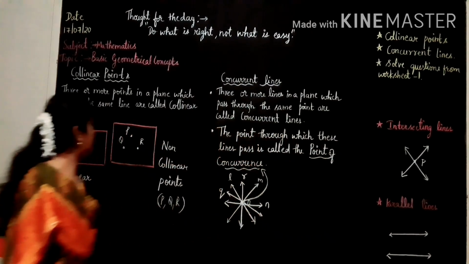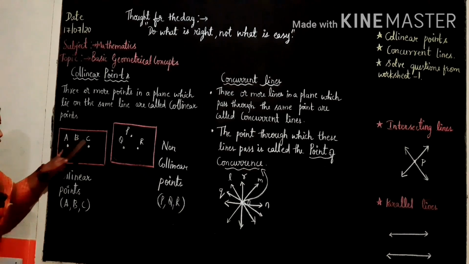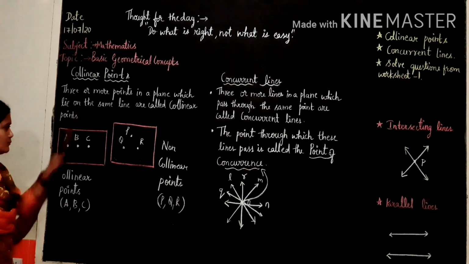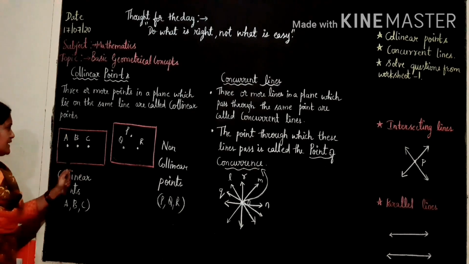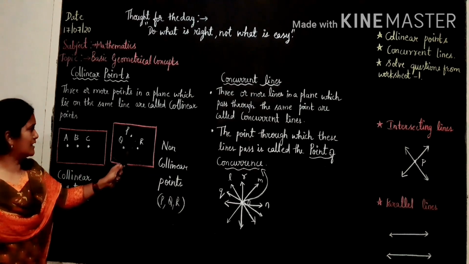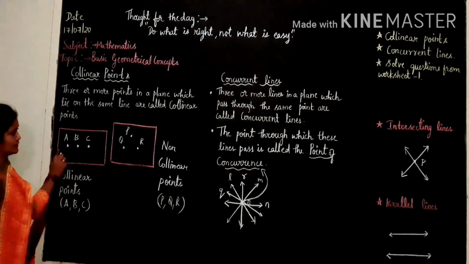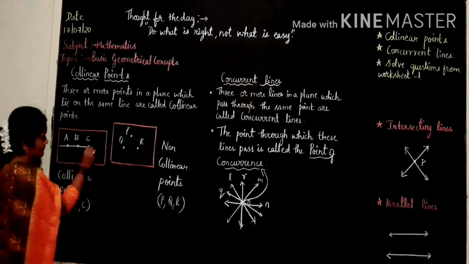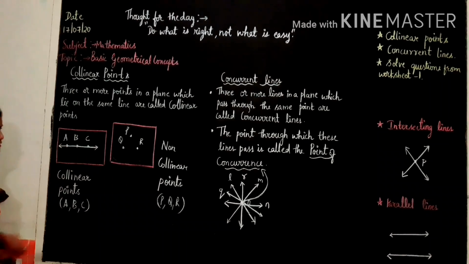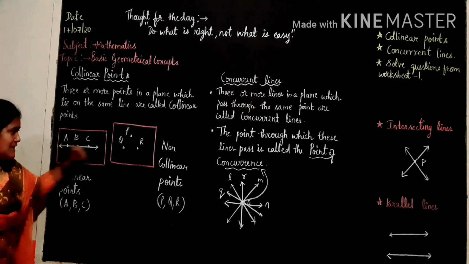Children, let us see now collinear points. You can see I have drawn 3 points in this box, and these 3 points are A, B, C, and in one more box you have the points P, Q, R. If I want to draw a line passing through these 3 points, you can see that these 3 points are lying on the same line.